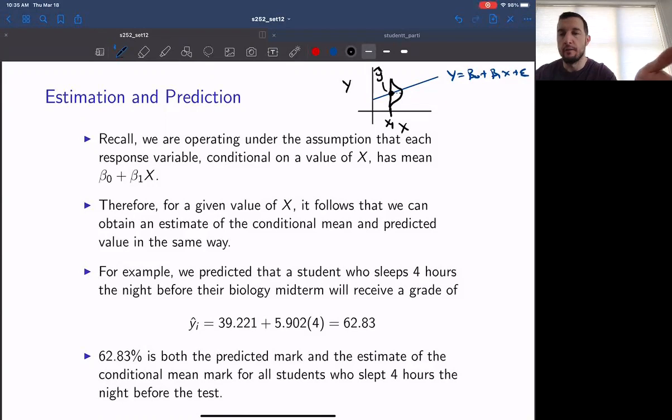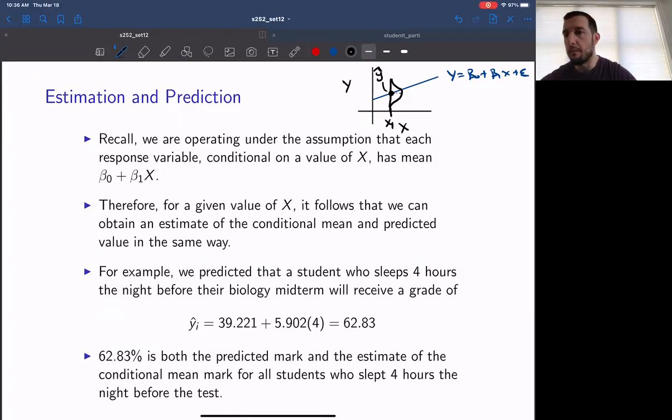For example, on the slide, if I want to know your midterm mark if you slept 4 hours, I plug 4 into the line, I get 62.83 out. So I'm saying if you, as an individual person, sleep 4 hours, my prediction is that you will have a score of 62.83% on the midterm.